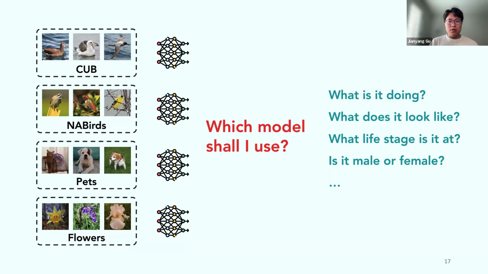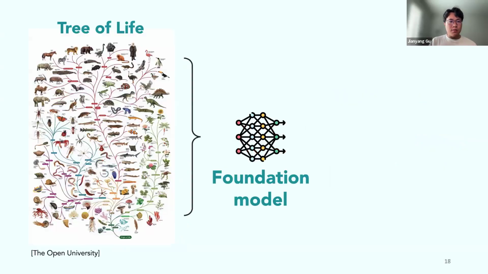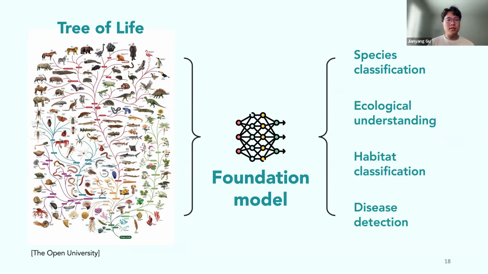So that's the motivation of why we want to develop a foundation model. We want a model built upon the whole tree of life, covering a large number of species. And we not only want this model to do species classification, we also want it to have better ecological understanding.